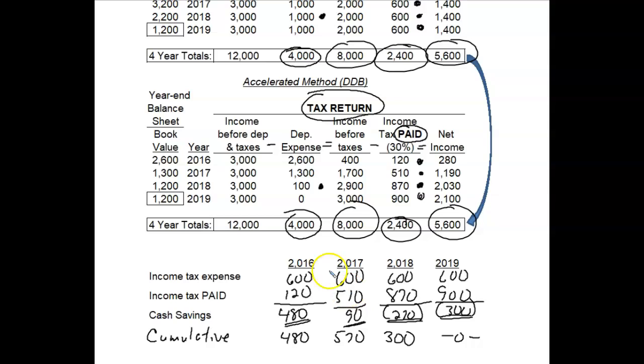So early on, a company's able to defer, right? They defer paying this $480, the $570, but then it turns around later on and they end up paying it again. So it's not that they never pay their taxes, it's just deferring the tax payment. And that's what we see here with the depreciation. So I can speak to depreciation, expense, and tax law.